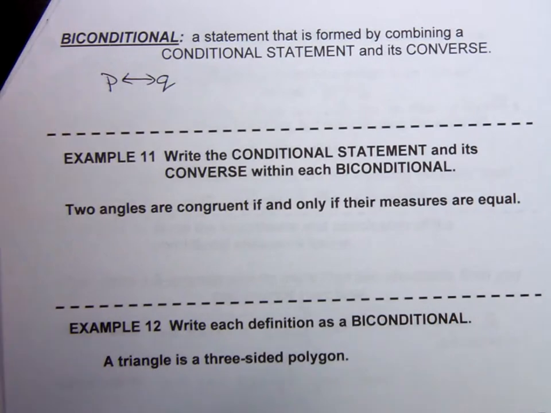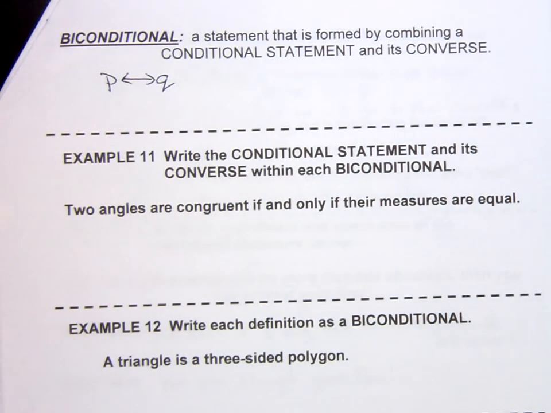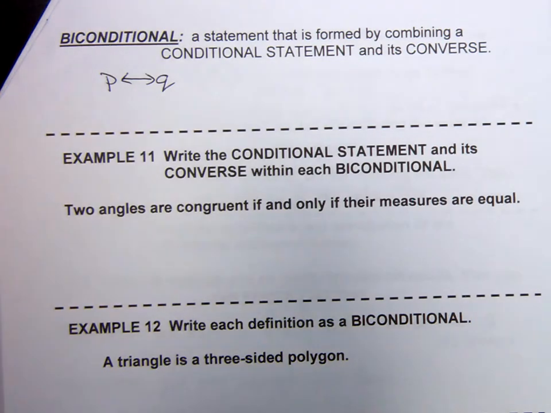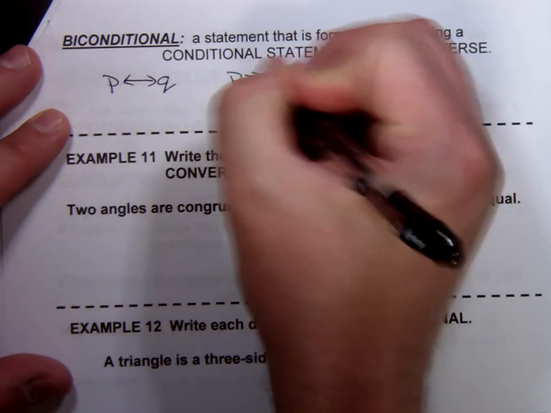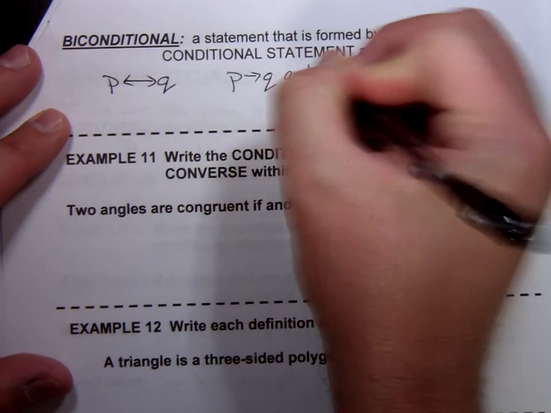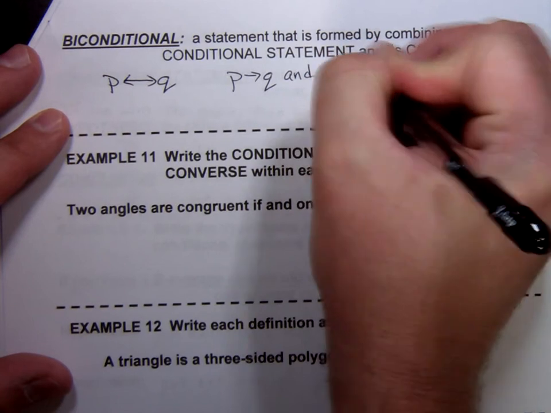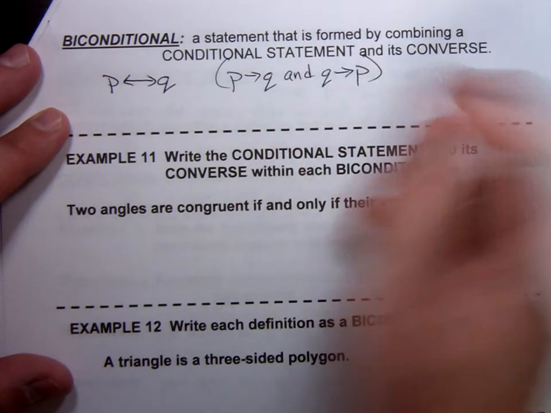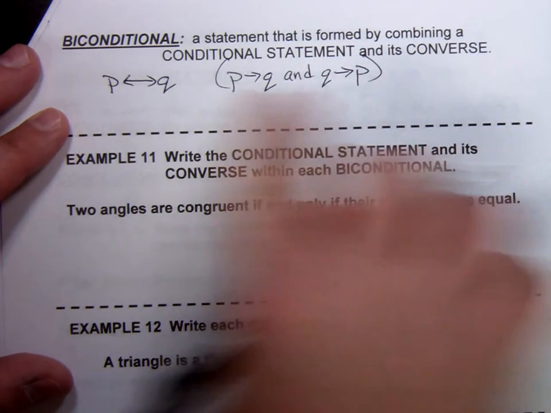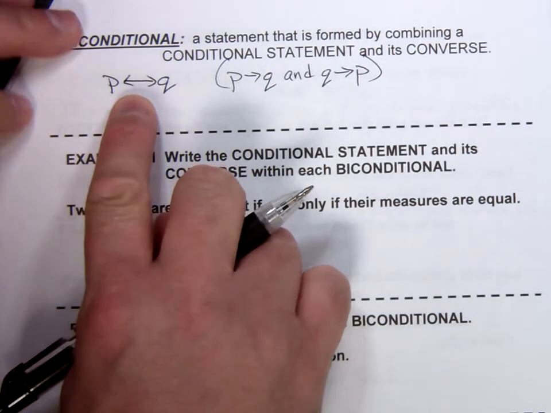And you'll notice those arrows are facing both directions now instead of just one direction. What this means when you see this, it means if P then Q and if Q then P. It means the original conditional statement and its converse are both true at the same time. Rather than writing all this out, we can write it like this, which is a little bit shorter.